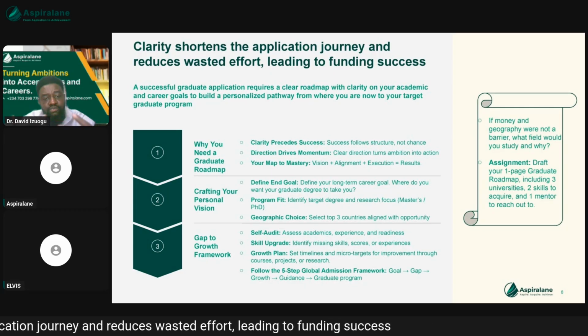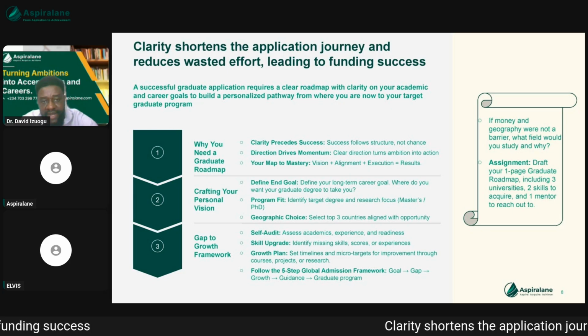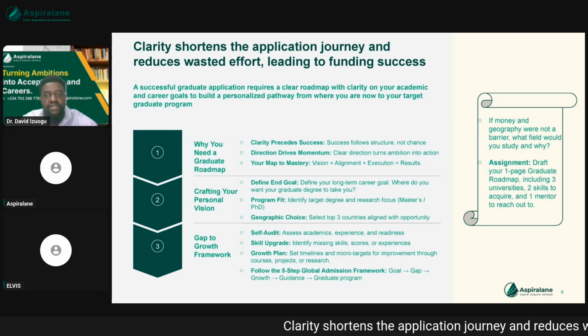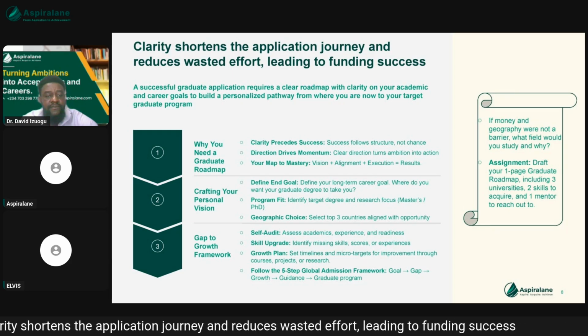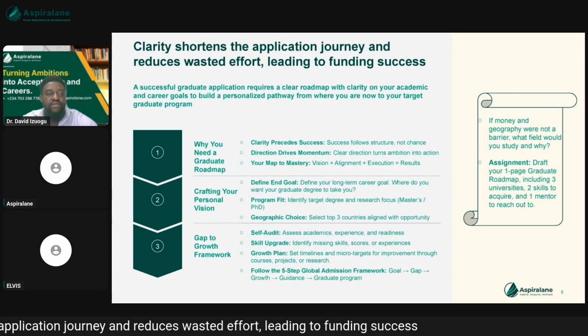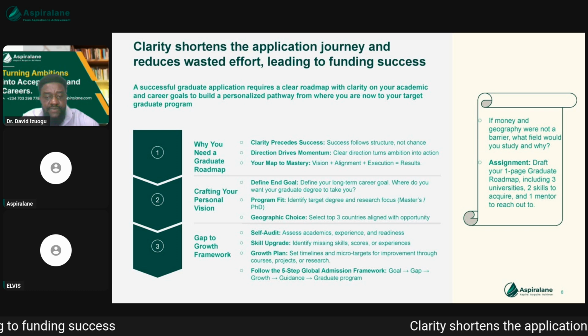Then you move into the growth plan. And while you are doing that, you need some sort of guidance from a mentor, from a counselor, from an agent, whichever one the case might be. And once you follow that growth framework, in most cases, a successful graduate application is usually what we precipitate out.